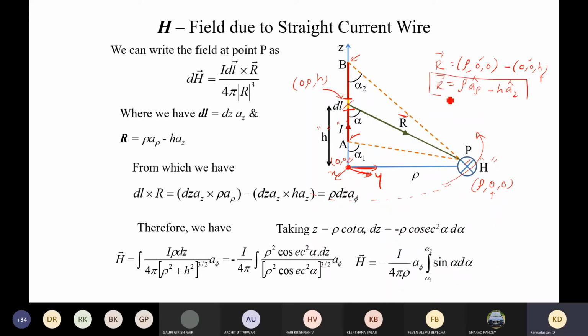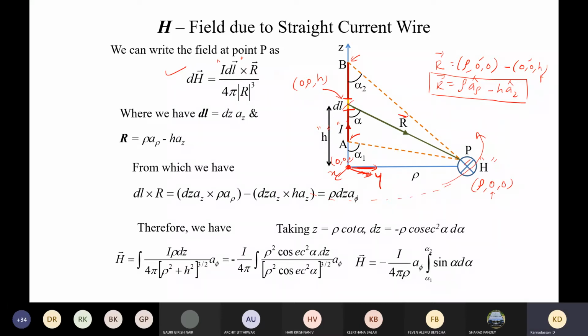So this is one of the very important vectors, because the magnetic field is going to be perpendicular, and the current is also going to be perpendicular to that. So since the r vector is known, we can easily write the Biot-Savart law for the small current element. Here we have a small current element I dl, and the r vector; we take the cross product of that divided by 4 pi r cube.